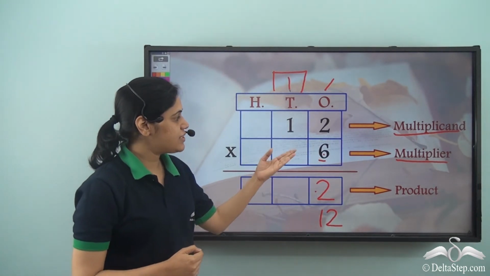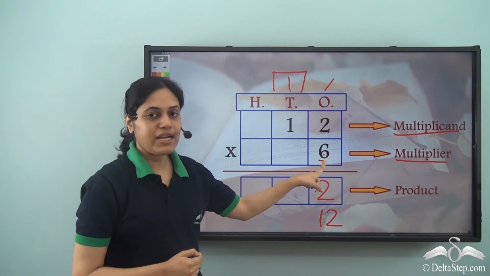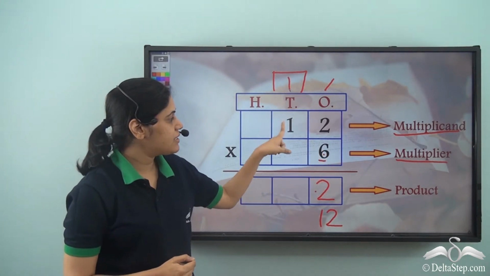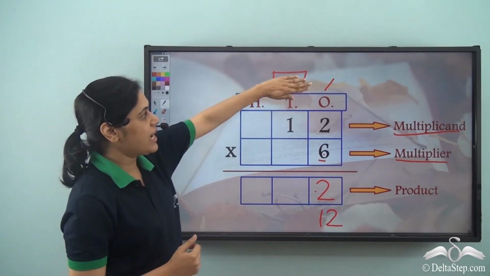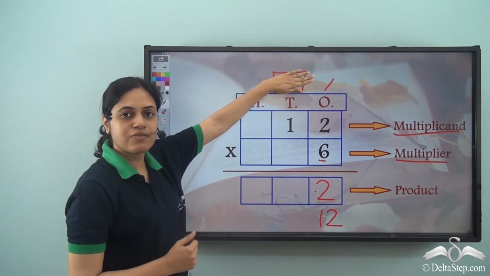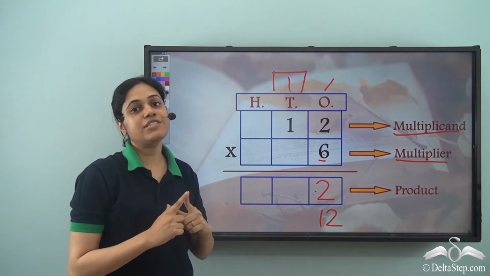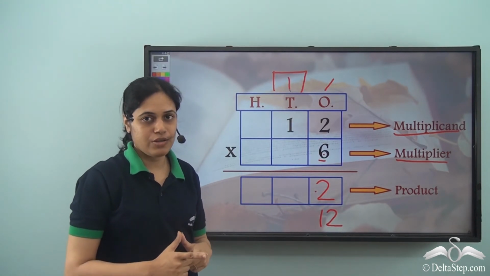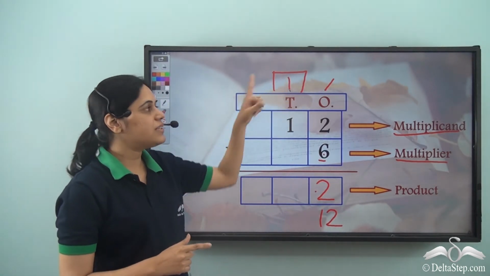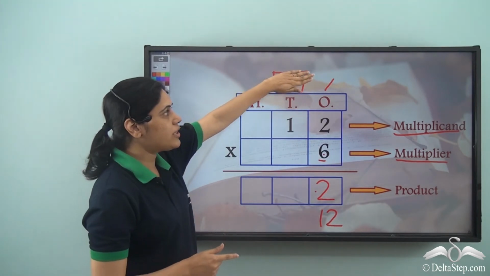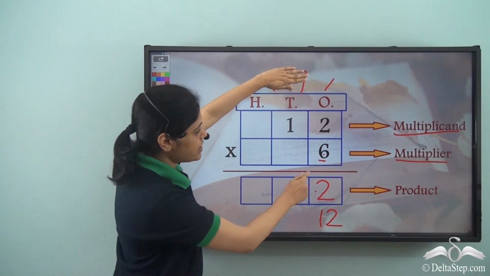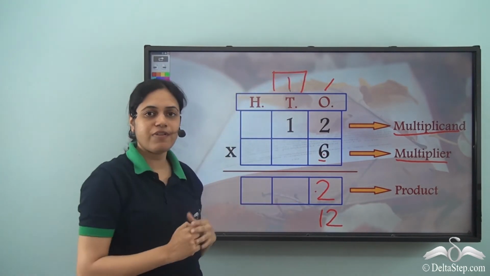What do I do next? Next, I need to multiply this 6 with the digit in the tens room. So for the time being, I don't consider this one. So here it is different from addition. In addition, we consider this one first. But in multiplication, I'll not take this one right now. First, I multiply 6 with 1.